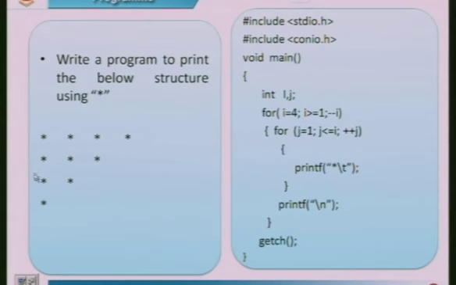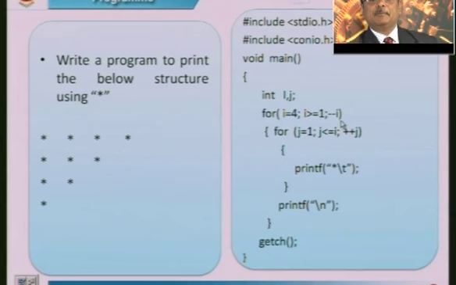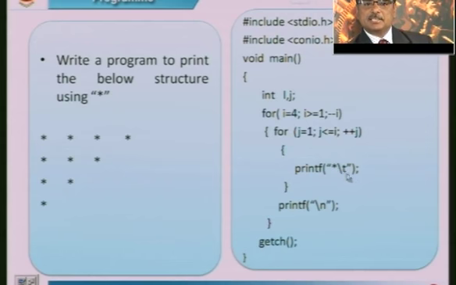In order to generate this, instead of using the increment, we will make use of the decrement, minus minus i. i is initialized to 4, i greater than or equal to 1, minus minus i. Begin for j equal to 1, j less than or equal to i, the same condition, plus plus j, and inside the loop printf star \t.